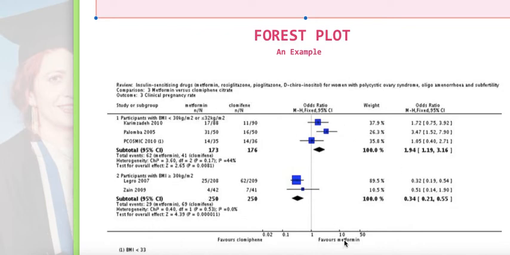For instance, it may say that metformin was found to be more effective in BMI less than 30, so that should be a correct statement. Or it will say that clomiphene was found to be more effective in cases of BMI more than 30. If this is the case, then yes, that will be a correct statement. If it says anything other than that, then of course you will say that's not correct.